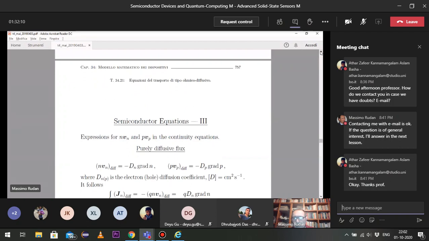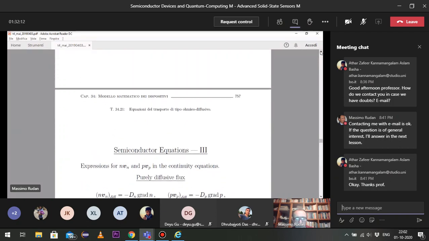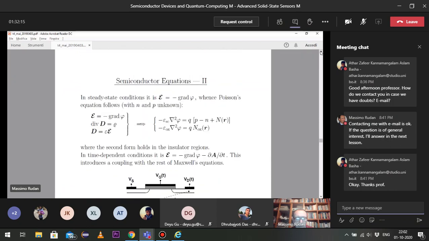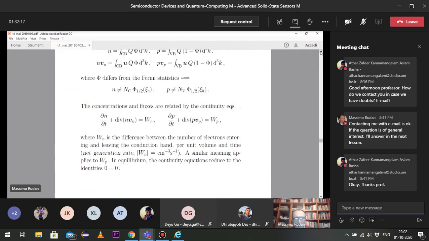Now we are left with the problem that I mentioned before. That is, the two continuity equations, those in the last line of this page, are not sufficient because there are two equations with four unknowns. So we must find extra equations able to describe the fluxes.